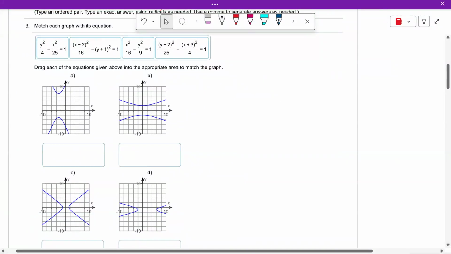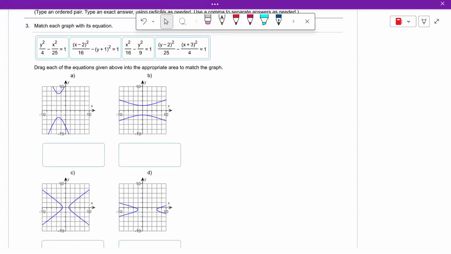All right. For these graphs, you're going to have to match graphs. This problem is actually fairly easy because this one has a center of (0, 0), and this one has a center of (0, 0). If x is positive, then it's a right-left one with a center of (0, 0), so that goes to that one.